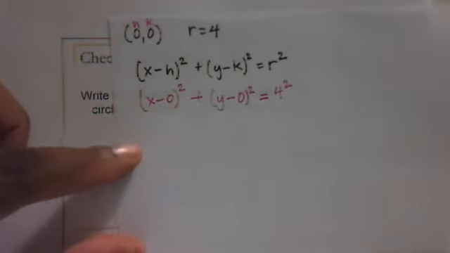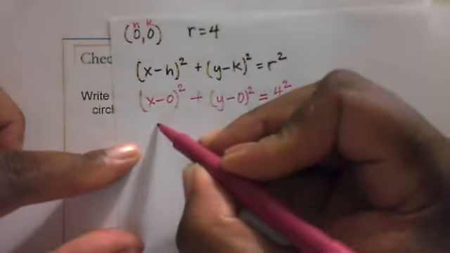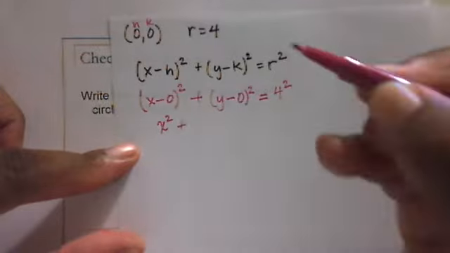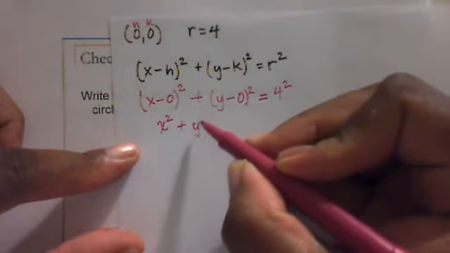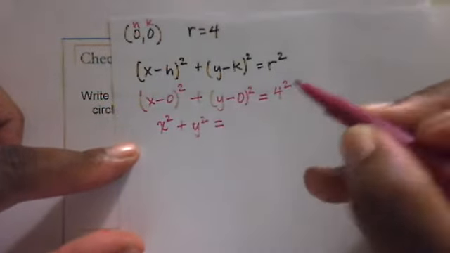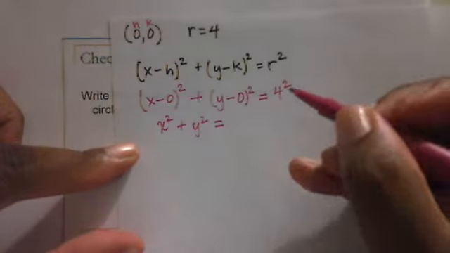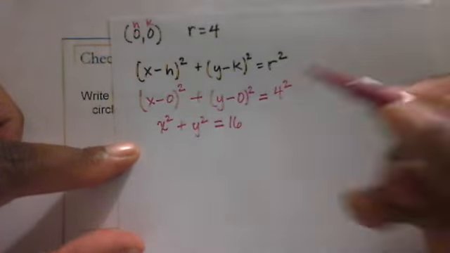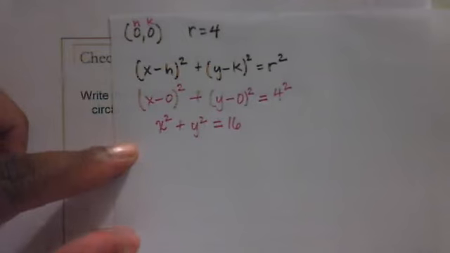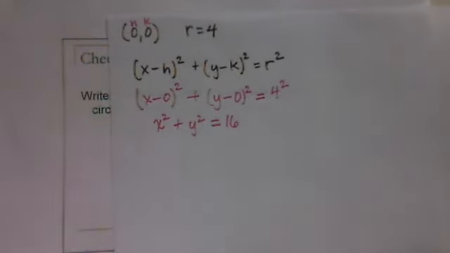Now x minus 0 is x, so that's x squared, plus y minus 0 is y, so y squared, is equal to 4 squared, which is 4 times 4, which is 16. So the equation in standard form for a circle with the center at the origin and the radius of 4 is x squared plus y squared equals 16.